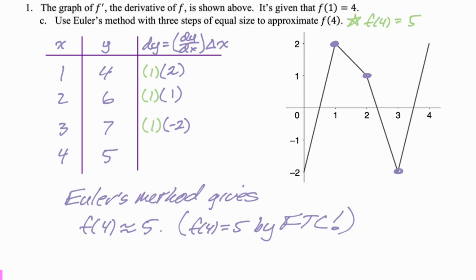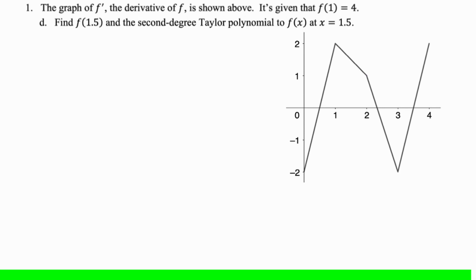So let's take a look at the next thing. Find f of 1.5 and the second degree Taylor polynomial T2 of f of x at x equals 1.5. We do problems like this frequently in the problem sets. So f of 1.5 is going to be, what we're starting with is the integral from 1 to 1.5 of f prime of t dt.